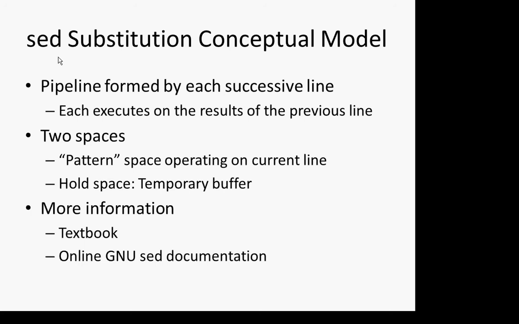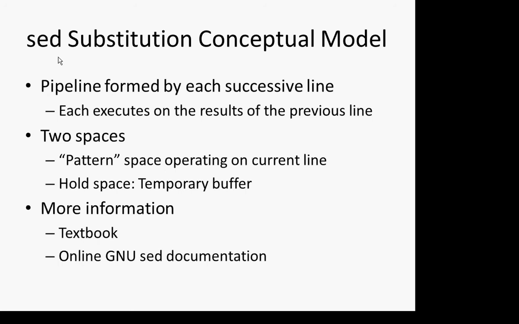And the idea here is that each successive line within the file will provide one command. Maybe, since we're focusing on the S command, substitute. That's what this S means. Each one will consist of various substitutes. And we're going to have a set of lines coming in from a file, so this sed command is just waiting for standard input.